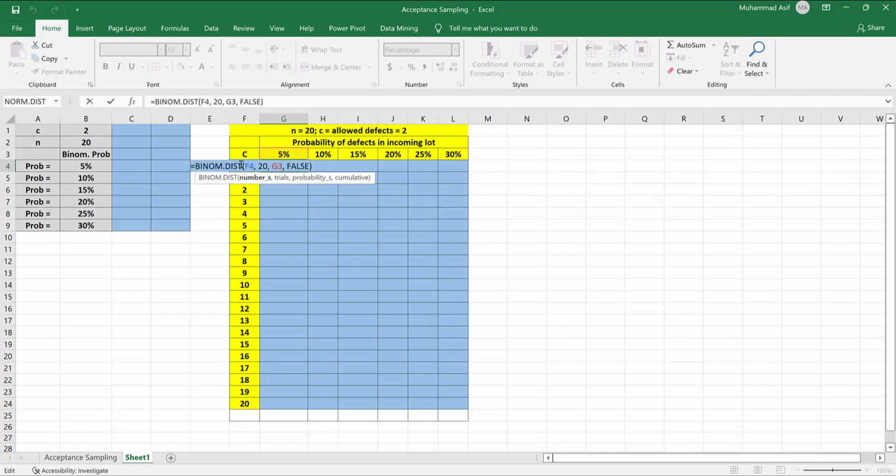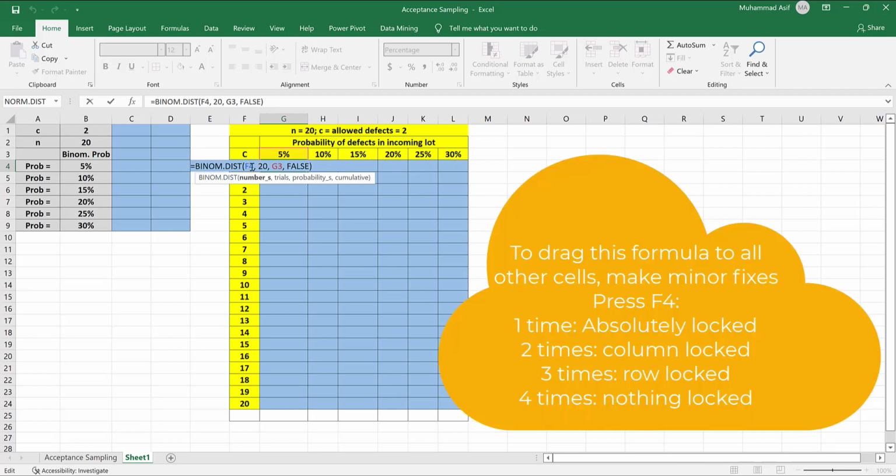We want to use this value of 0 in this row, which means we want to use this value when probability is 10%, 15%, and like that. So we will lock it in such a way that it is locked for rows, and for that purpose I will press the F4 key a number of times.